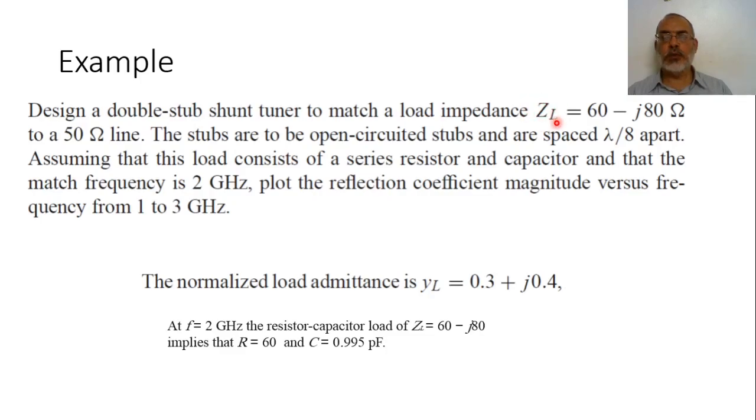So Z load normalized would be 60 ohm over 50 minus j80 over 50. Then, by taking the reciprocal of Z load normalized, we can obtain the normalized load admittance. Y load normalized would be 0.3 plus j0.4.